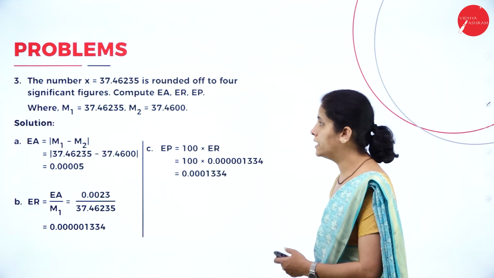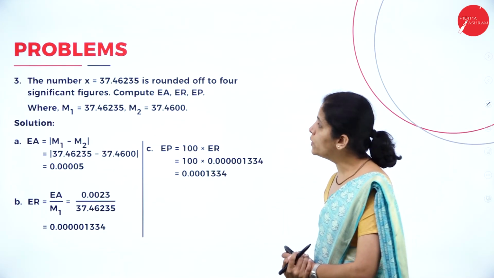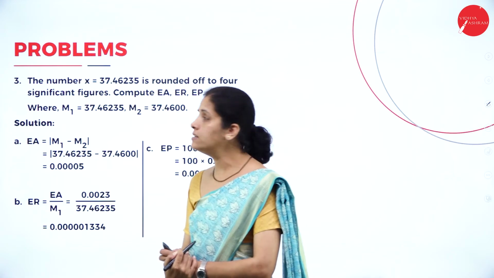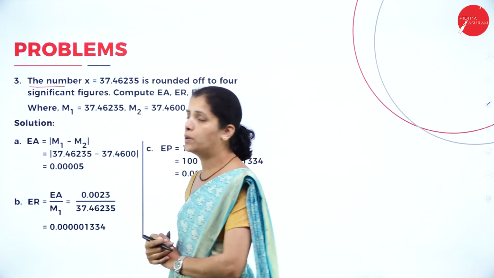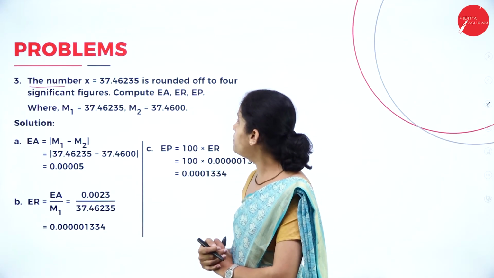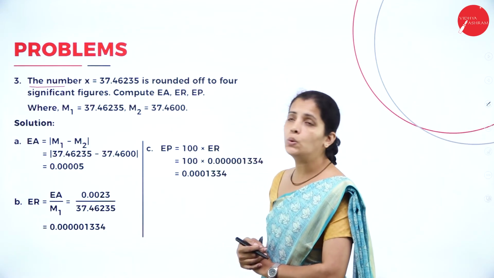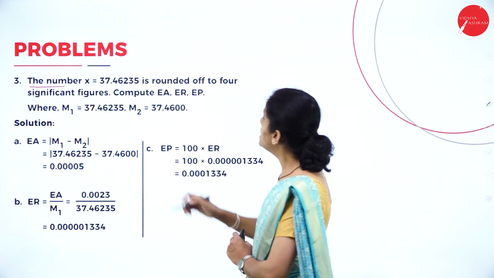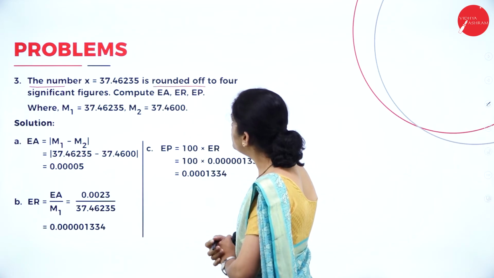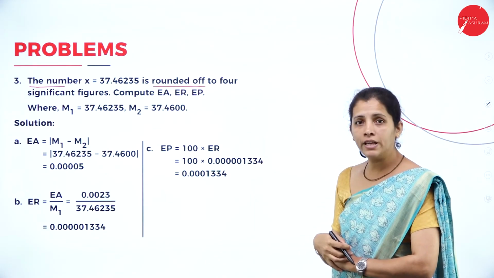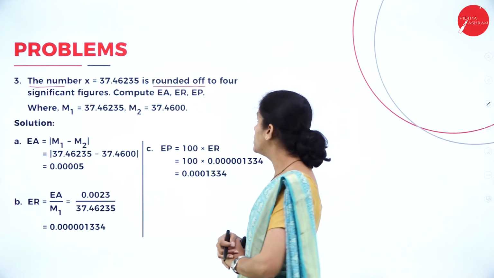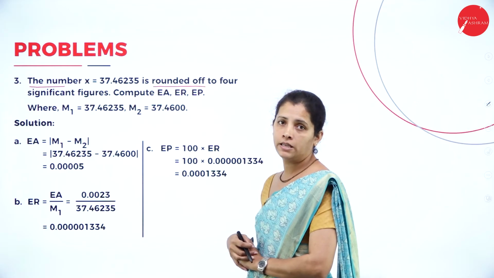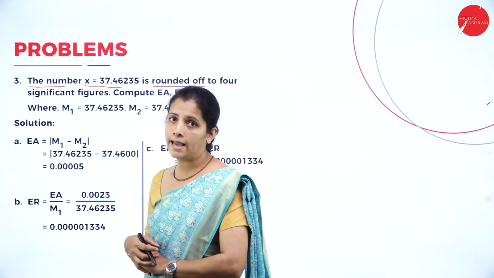Now I'm going to have my third question, that is the number x equal to 37.46235 is rounded off to 4 significant figures; compare absolute error, relative error and percentage error. So, what is the exact value?